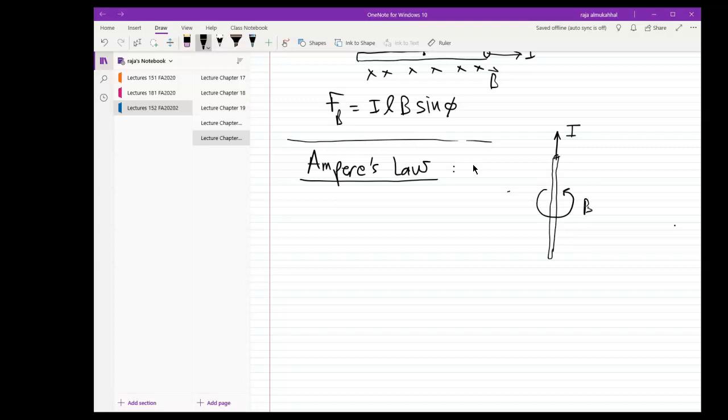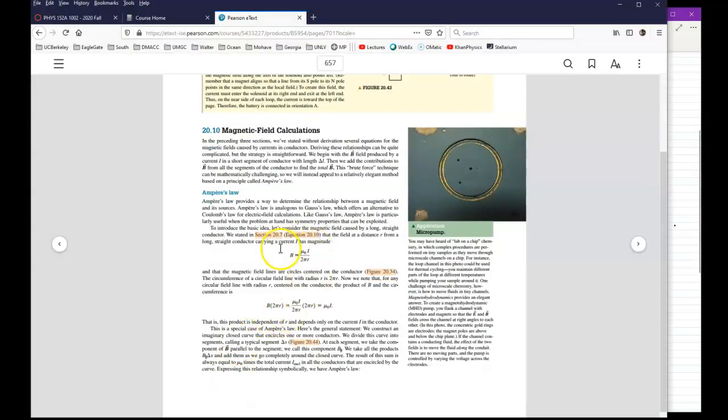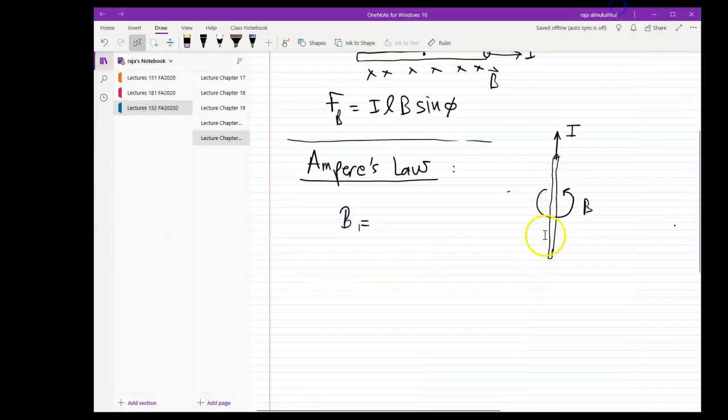This magnetic field B that is associated with that wire is equal to, as shown in the formula in the book, mu naught I over 2 pi r. I'm going to explain what that means in a sec. What does that mean? First of all, mu naught here is a constant.